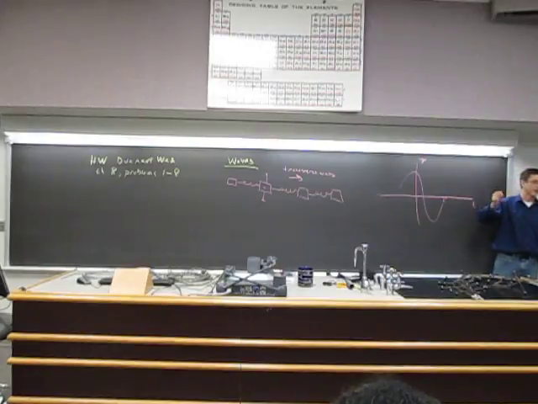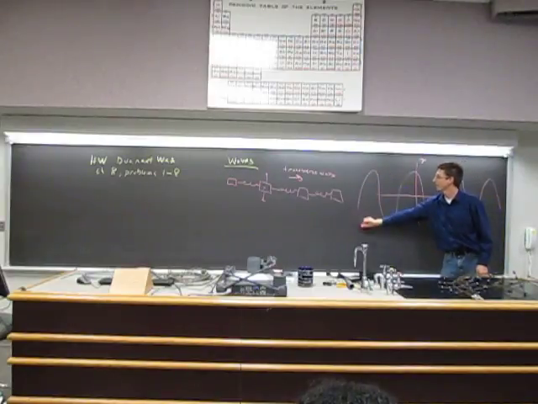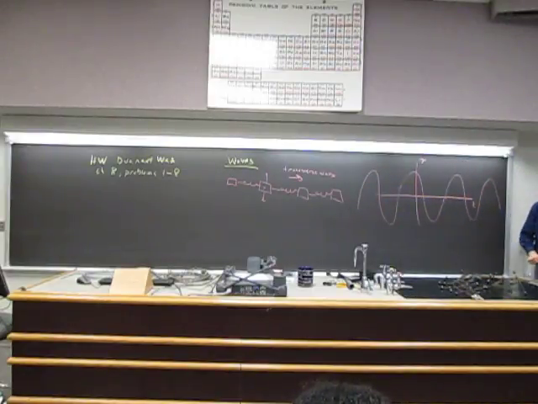If I kept on exciting it, I would get a movement like this. So I'm looking at a single mass, a single place in space where this wave is going through, and if I plotted this as a function of time, I would see a wave like this. I'm doing more than a single pulse, just constantly exciting it.